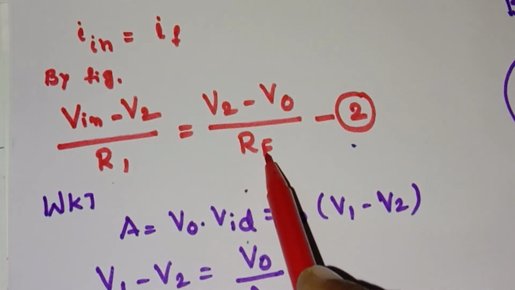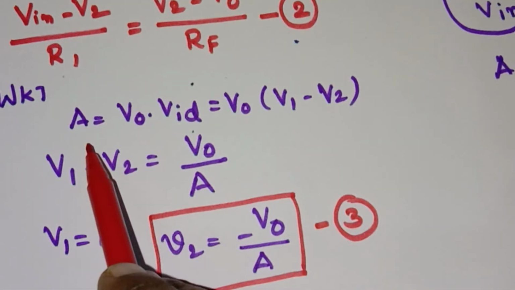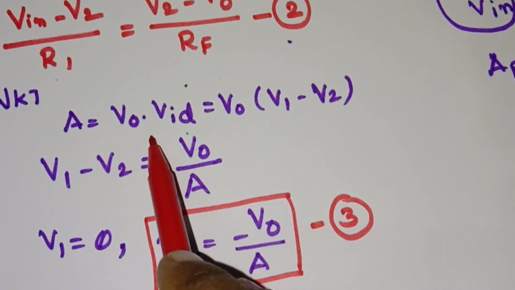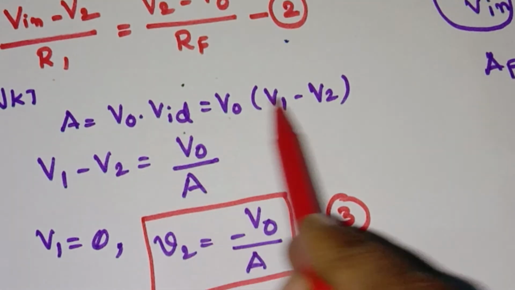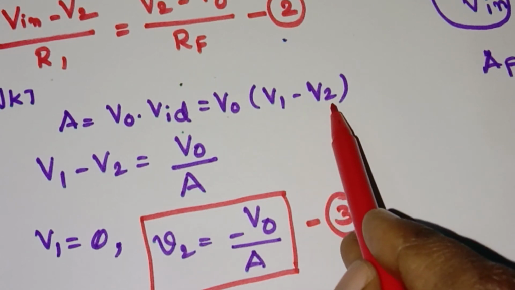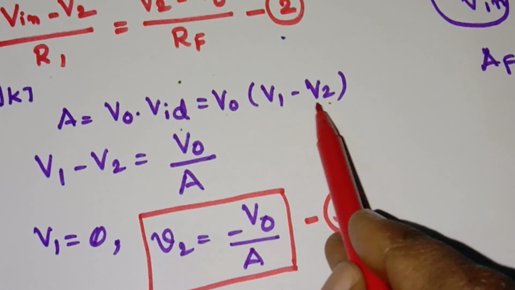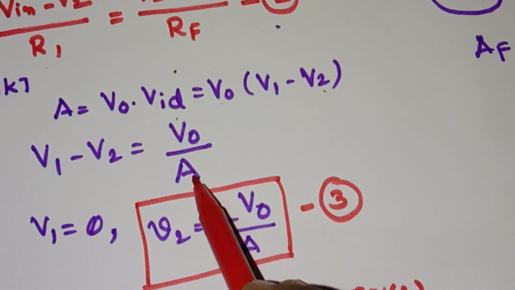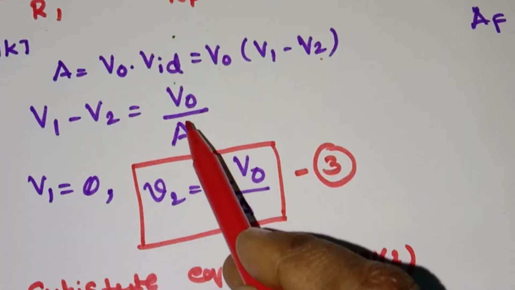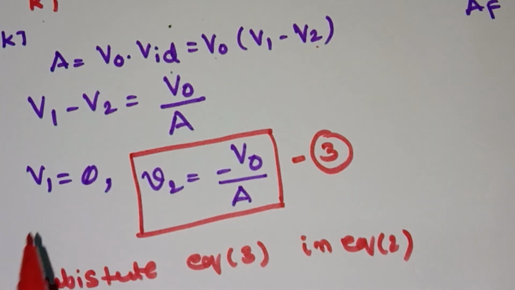We know that A is equal to Vout divided by VID, and VID can be written as V1 minus V2. So V1 minus V2 is equal to Vout divided by A. But in our circuit, V1 is equal to 0.